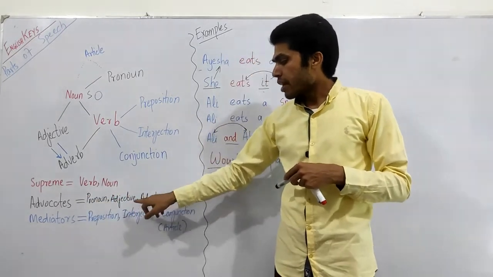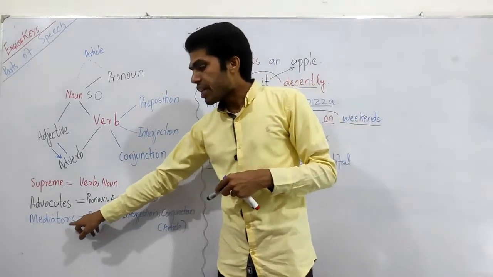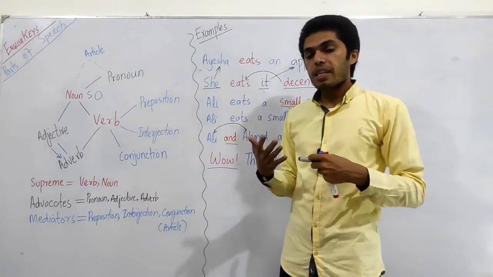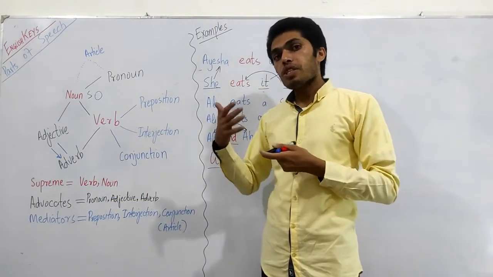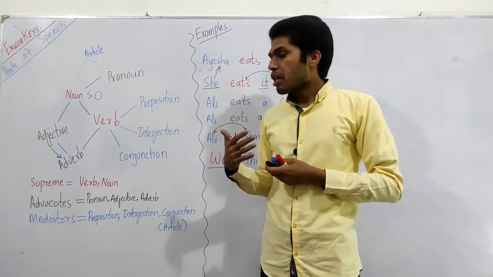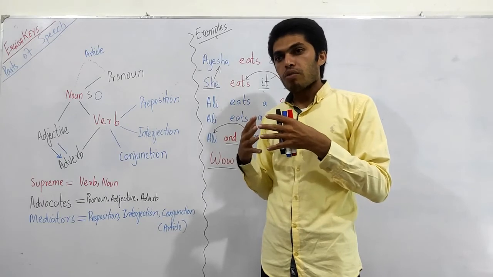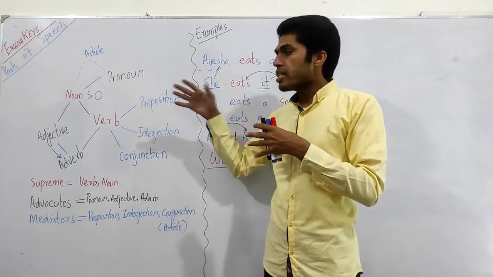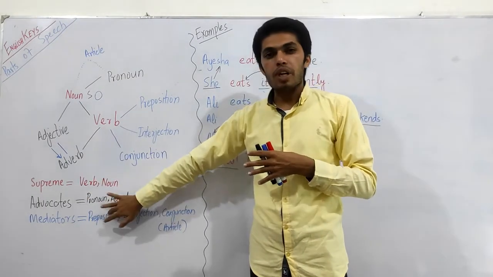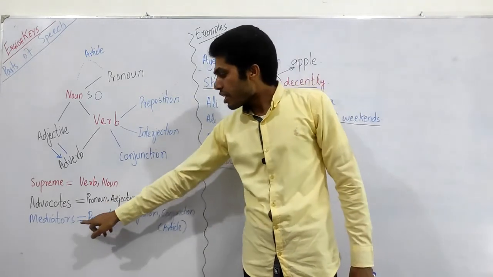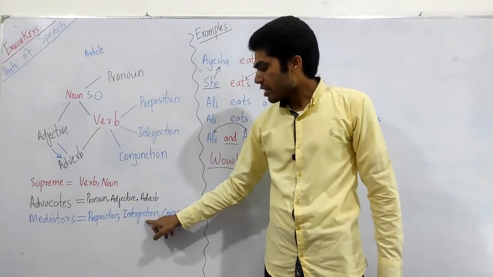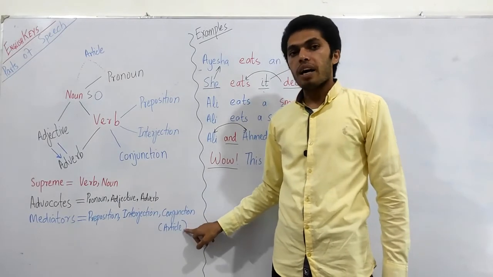Pronoun, adjective and adverb. Then we have mediators. Mediators are those words that are not that important as parts of speech, but they just come to connect things, to assimilate, to resonate and to assemble these supremes and advocates with each other. And what are the mediators? Preposition, interjection, conjunction and articles.